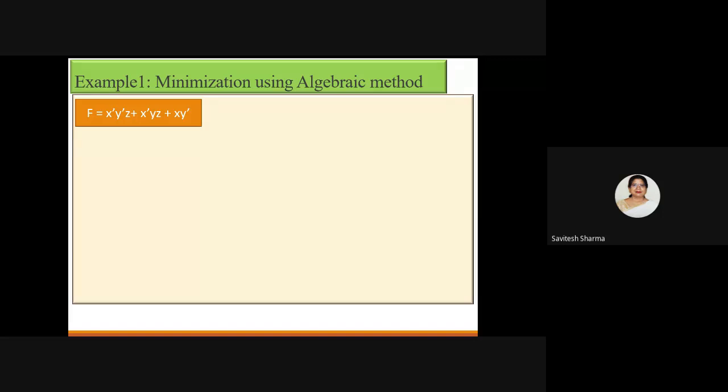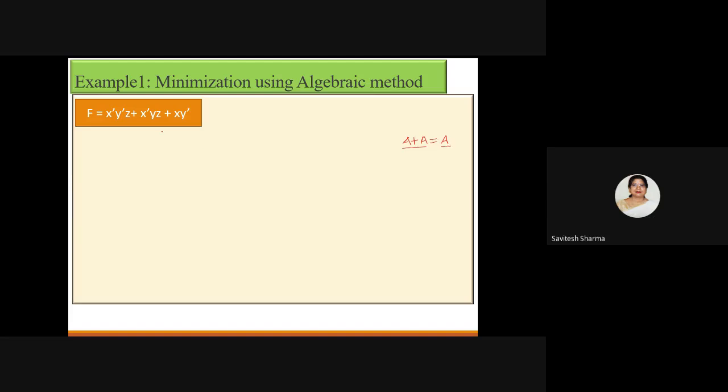If any term is repeated, as this is an SOP form, you will apply a theorem called idempotent. What does idempotent say? A plus A is equal to A. It means if A is repeated twice, you can write it once.